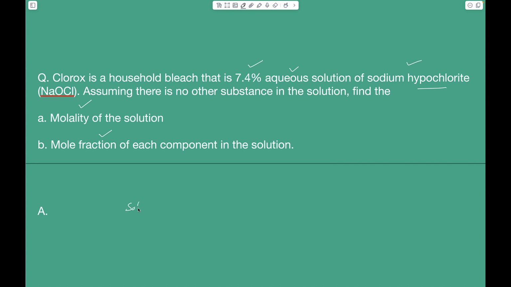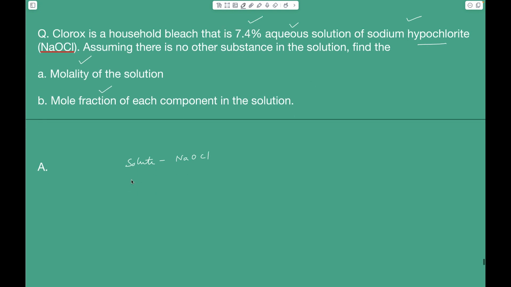So, here the solute is NaOCl. And it is dispersed in water, right? So the solvent is water. And it is given that the percentage by mass of this solution is 7.4.